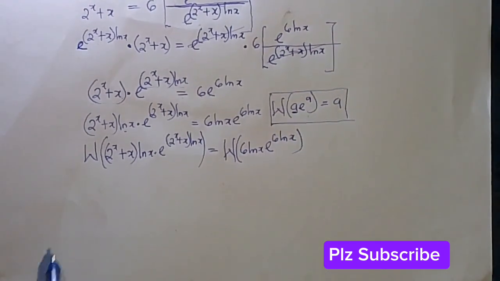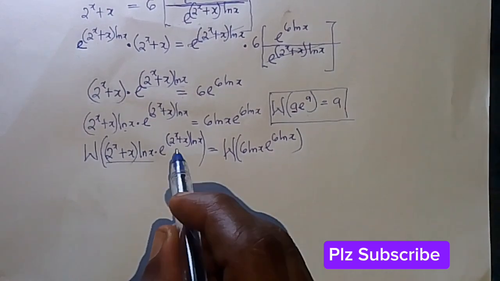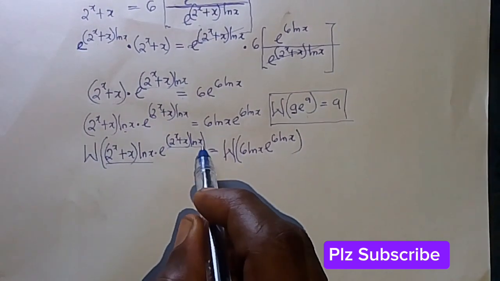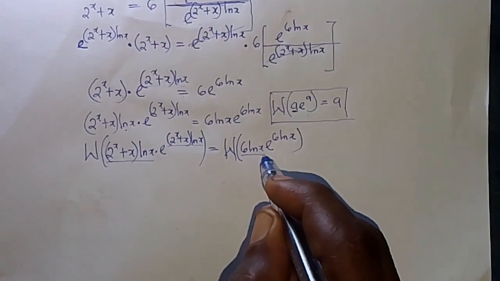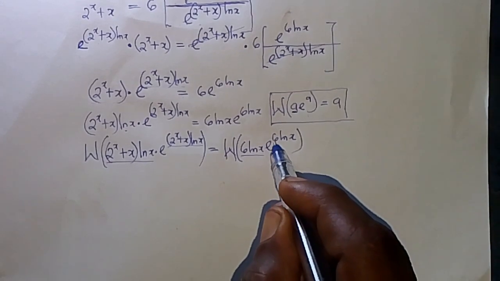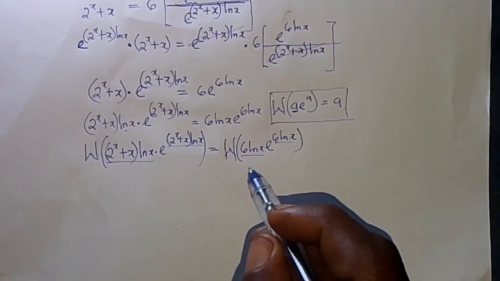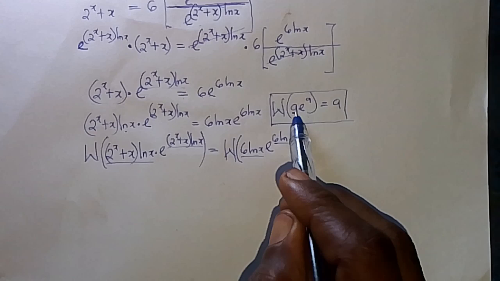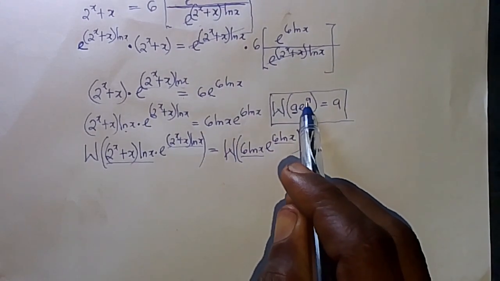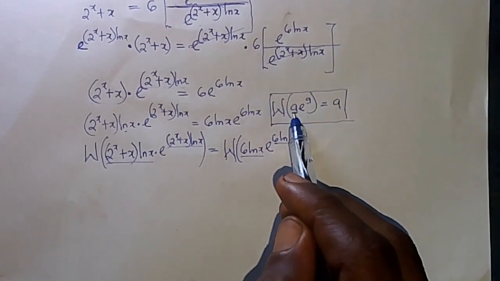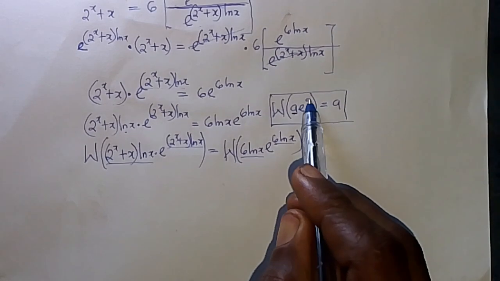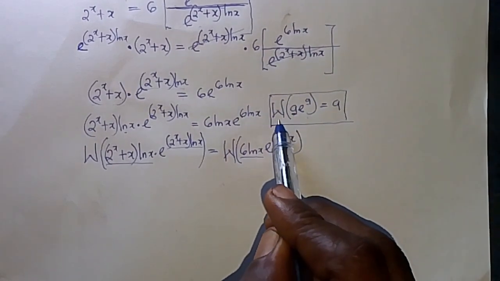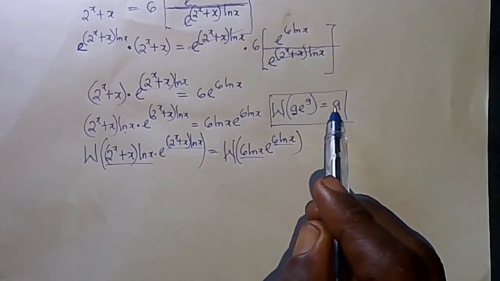So we can now see that the whole of this is the same thing as the exponent of e, and the whole of this is the same thing as the exponent of e here. Whenever a number multiplies e to the power of that same number, and we are taking the Lambert W function of that expression, then it equals the number.